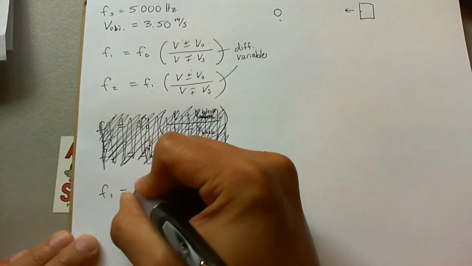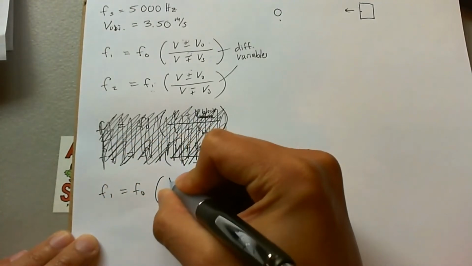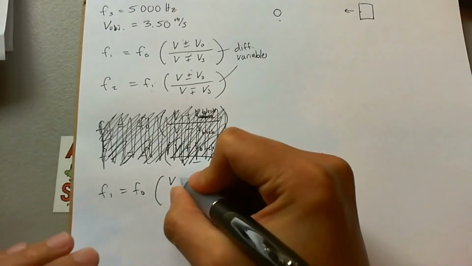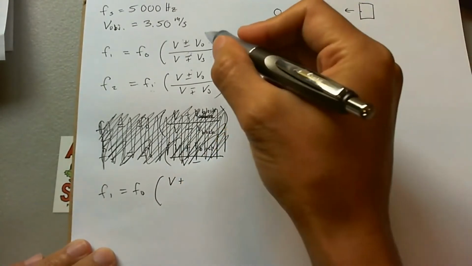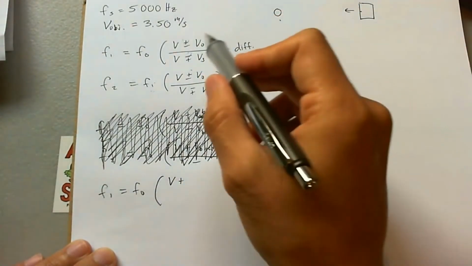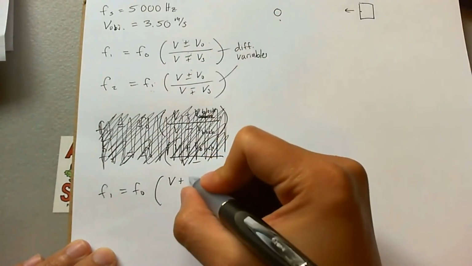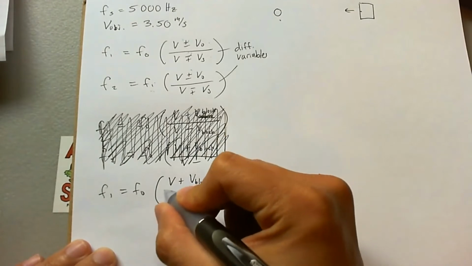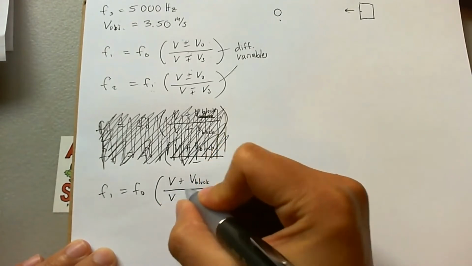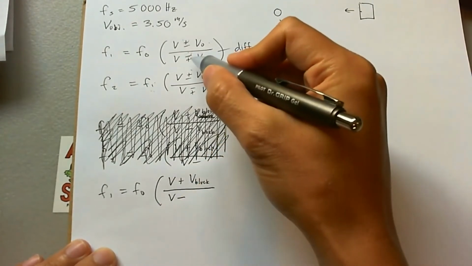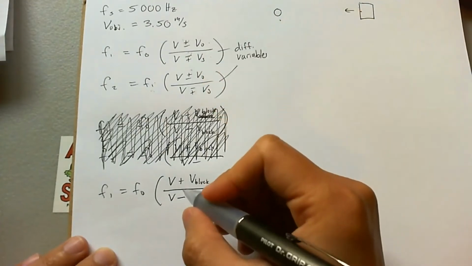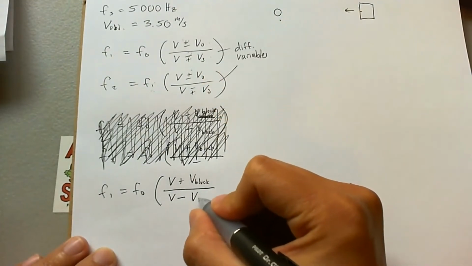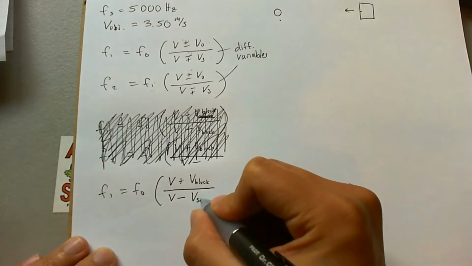F1 is equal to F naught times the speed of sound V, plus, the top operator, V observer. In the first situation, the observer is the block, so I'm going to just call it V block. Divided by V minus, because minus is the top operator here, V source, which I'll just call source.